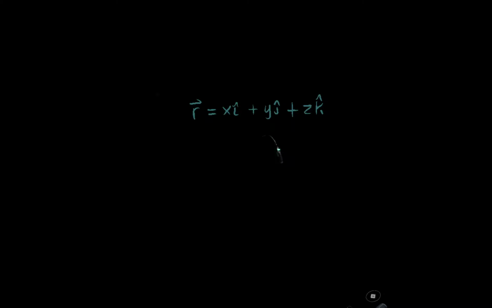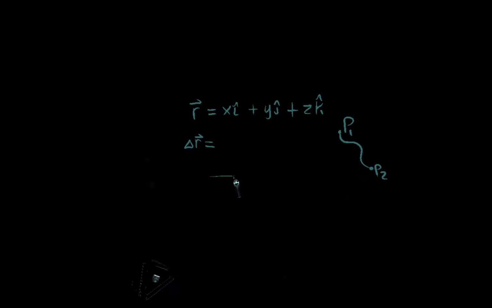And so if this is our position vector r, let's say we have a particle that is moving from point 1 to point 2. So we have a particle moving from point 1, and it moves along this path to point 2. The way that we would calculate its displacement, its change in position, is by calculating delta r.